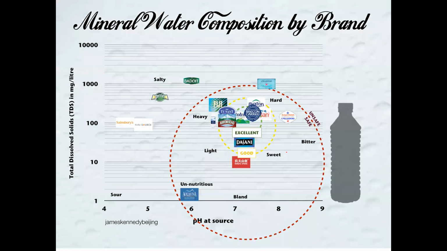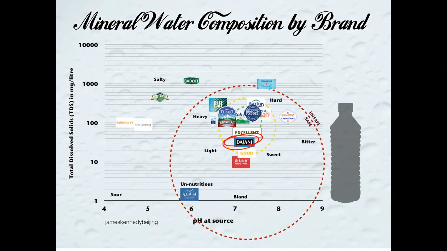And I think I have a nice little graphic here that shows some of the different bottled waters. If you take a look at this, I know it's a little hard to read on some of them, but there's Dasani right in the middle. Dasani, I think, is produced by, I can't remember if it's Coca-Cola or Pepsi, but it's a pretty standard kind of bottled water.